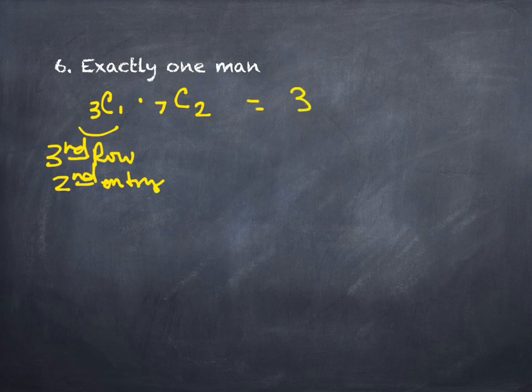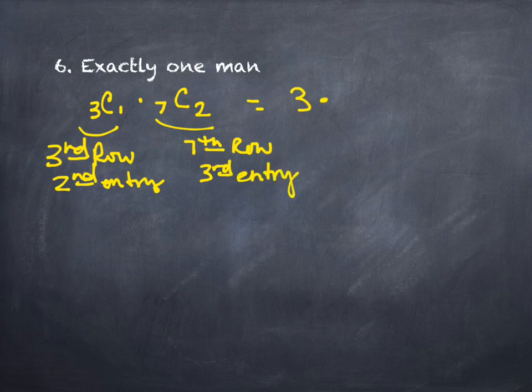That's the number 3. How about 7C2? What's that? 7th row, 3rd entry. And what is the 7th row, 3rd entry? 21. What is 3 times 21? There are 63 different committees that could be formed of that variety.